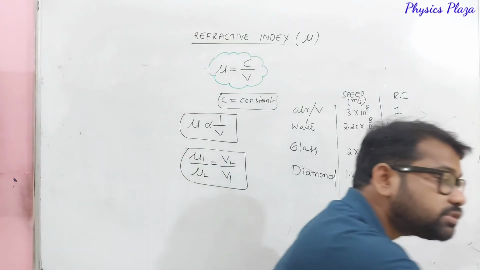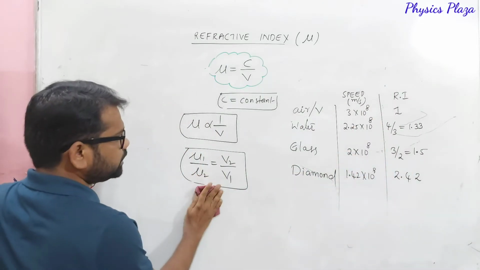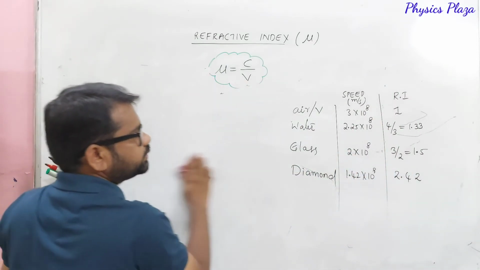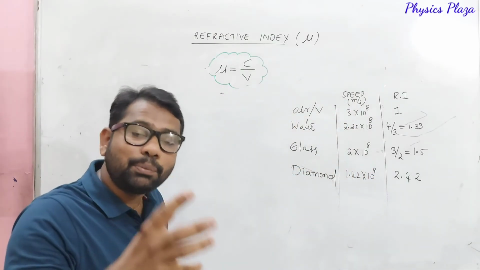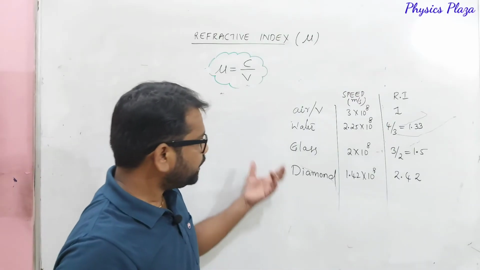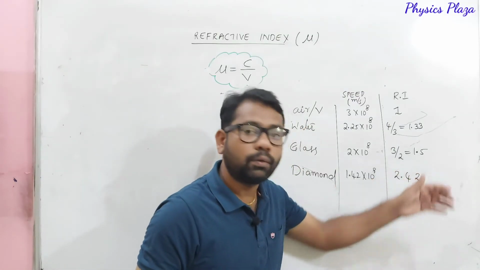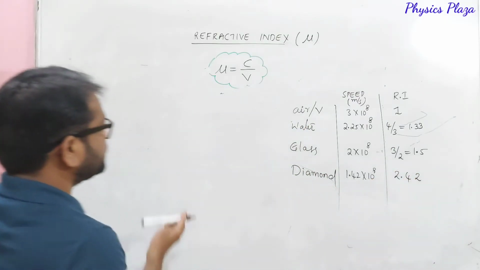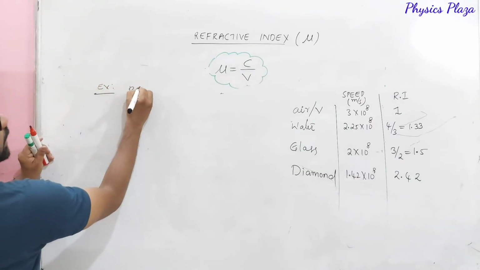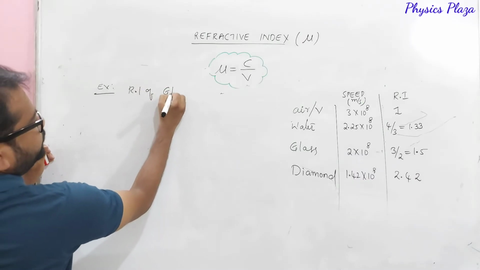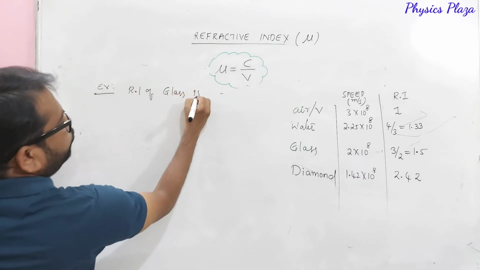So how will the questions be asked in the exam, let us see. Children, in the exam they may give a question like this: the refractive index of diamond is 2.42, what does it mean? Or the refractive index of glass is 1.5, what does it mean? Let us take an example. The refractive index of glass is 1.5.